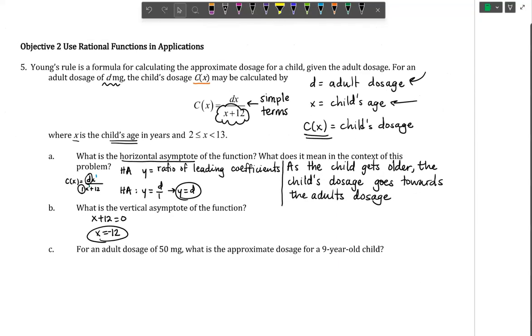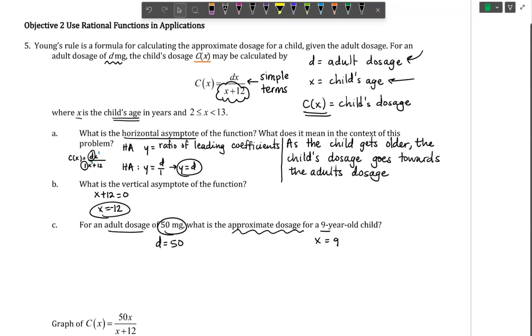Part C is asking us to answer a question. It says for an adult dosage of 50 milligrams, 50 milligrams is our value of D because that is the adult dosage. What is the approximate dosage for a 9-year-old child? A 9-year-old child, that gives us our x value because x is the child's age. So we want to evaluate C of 9.